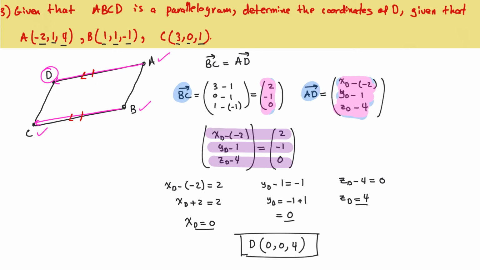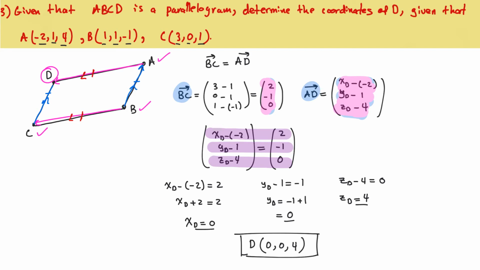We can do a quick check to see if our final answer is correct or not, and we can do this using these two other sides over here. We could have used these sides in the beginning as well, but in this question we also know that vector CD is equal to vector BA because they're opposite sides of a parallelogram, meaning that they have equal sizes and they move in the same direction.